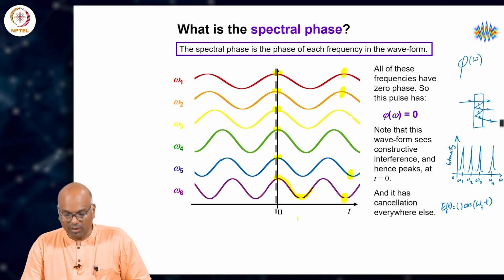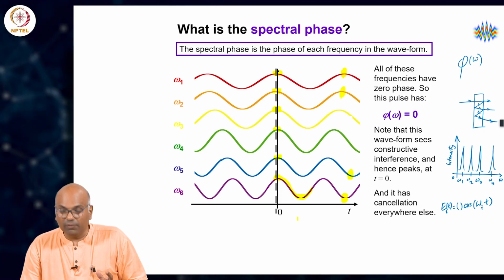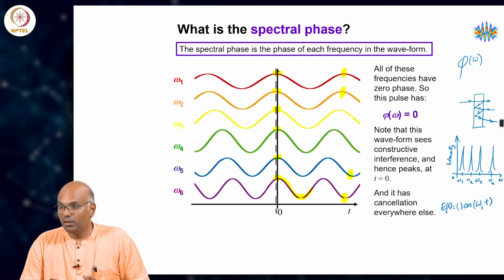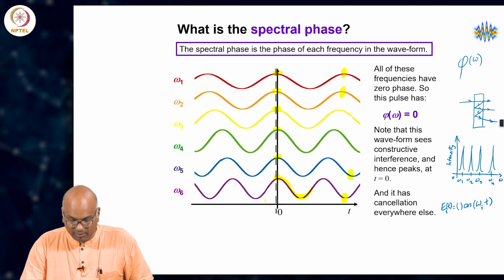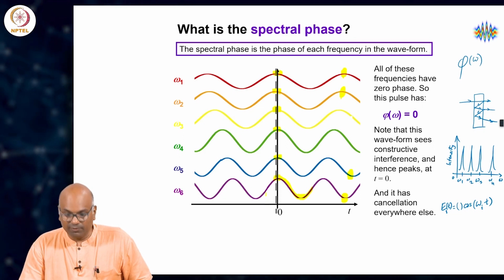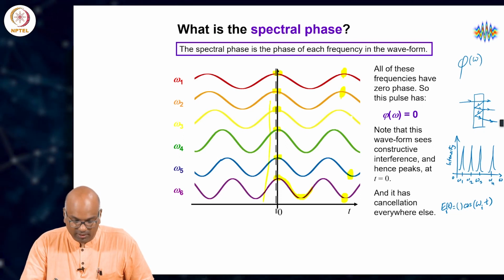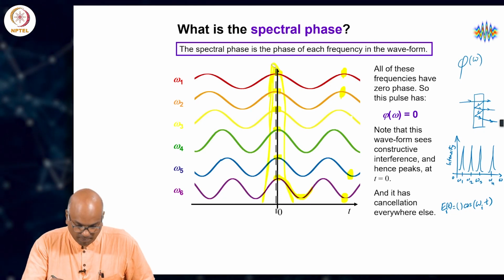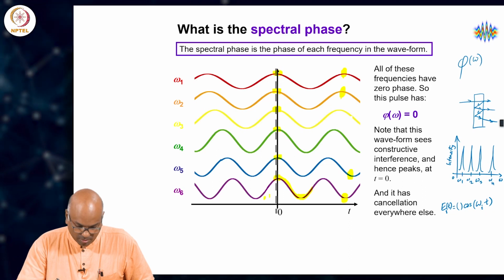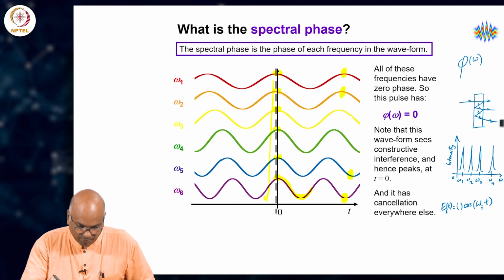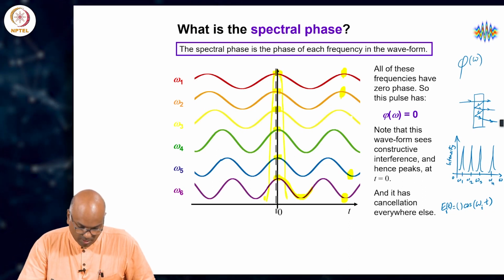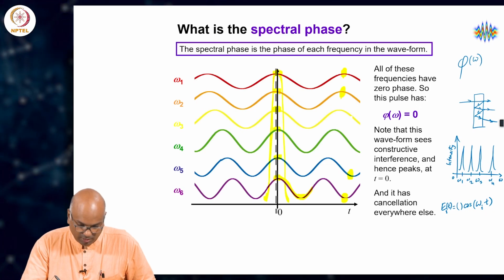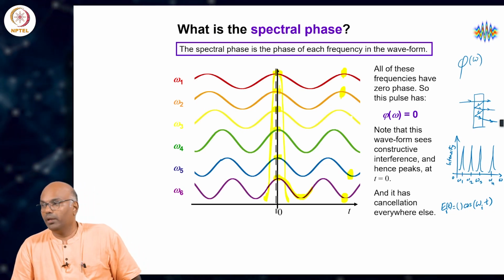Therefore, the sum of these waves will end up concentrating non-zero maximum field amplitudes, irradiances and energies in the region around 0. The energy in the pulse gets concentrated essentially. Agreed?